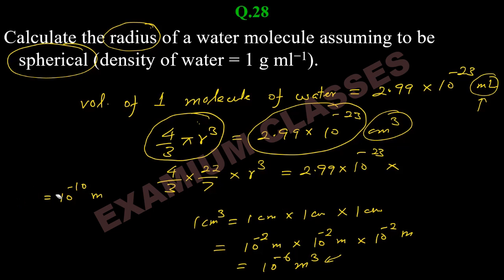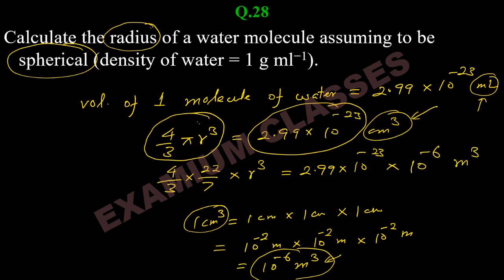So 1 centimeter cube will be equal to 10 to the power minus 6 meter cube. So you need to multiply this centimeter cube by 10 to the power minus 6 to convert into meter cube.